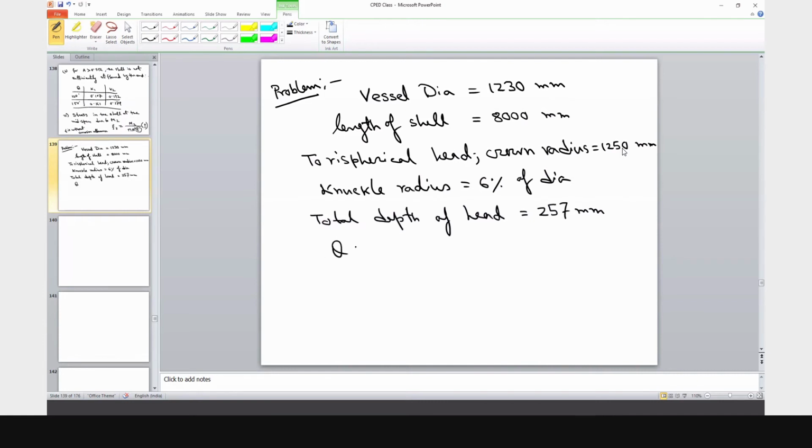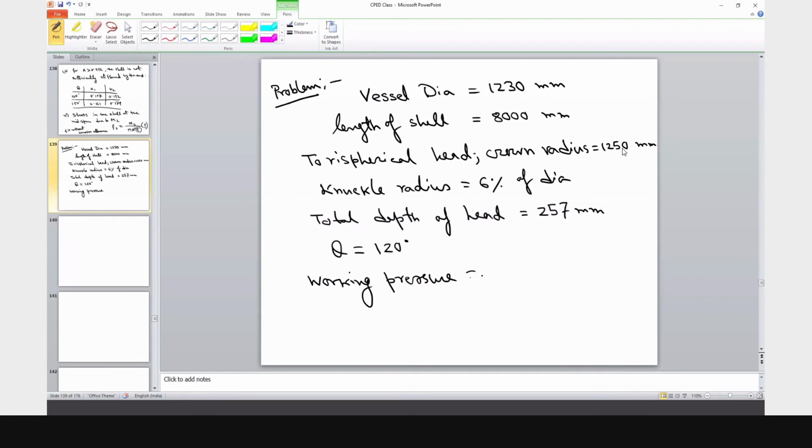The angle saddle makes with the center is 120 degree. Working pressure, so you have to multiply by a factor of safety for design pressure.